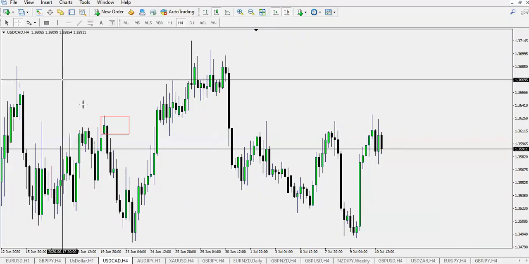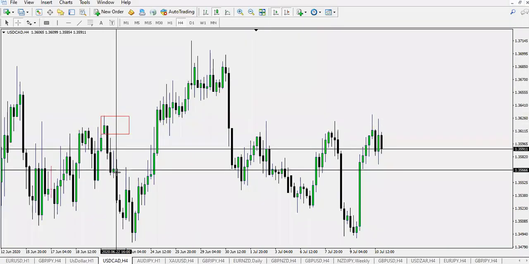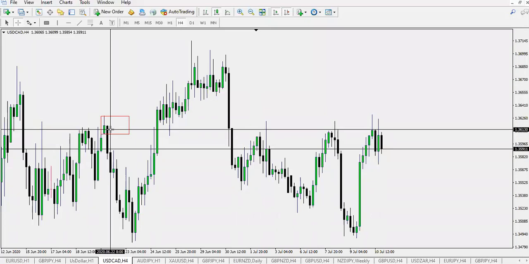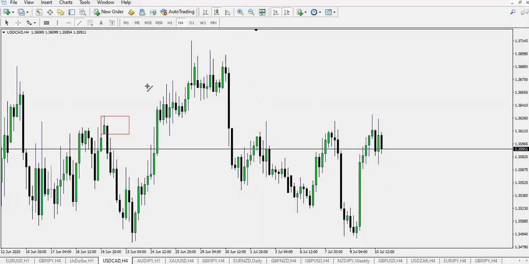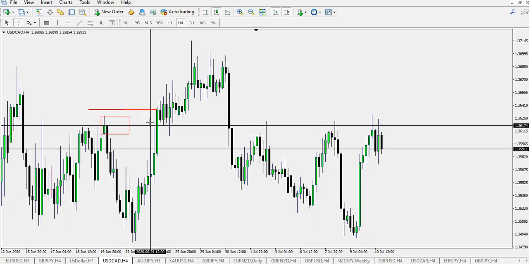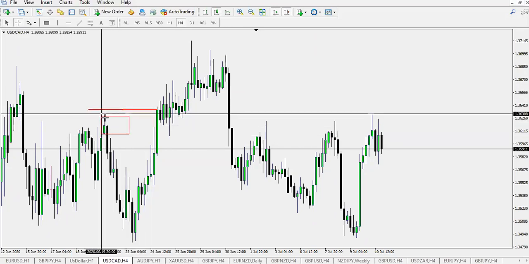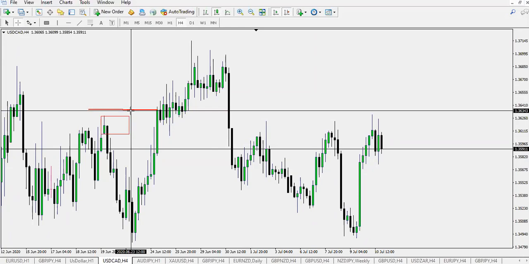This is a bearish order block, and when it is traded through, you need to see a candle body close above or below an order block for it to be a violated order block. If it just wicks through but does not close above or below, the order block is still valid.